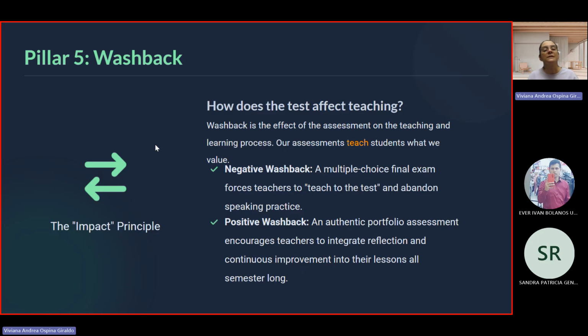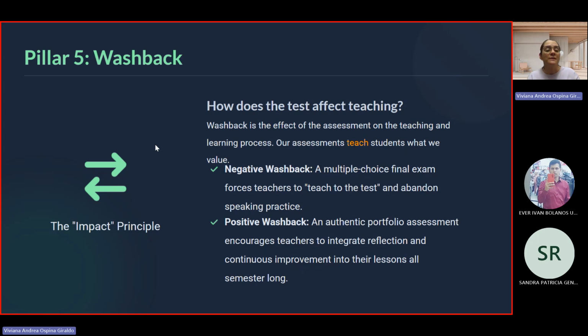When we have positive washback, is when we have an authentic portfolio assessment, for example, and we can encourage teachers to integrate reflections and improve continuously throughout the semester.